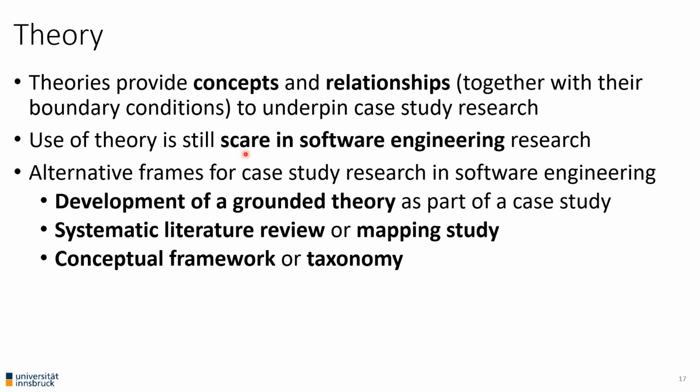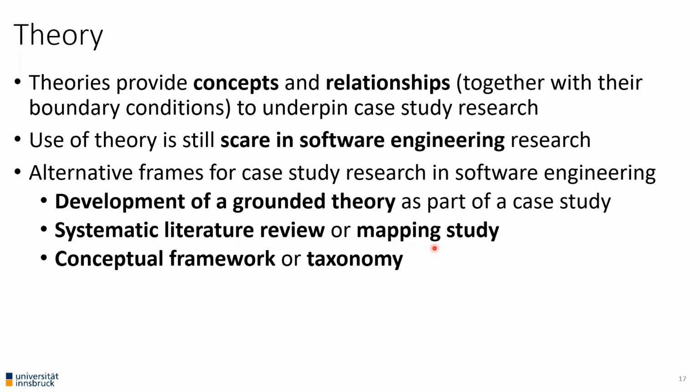But Runeson and his colleagues provided suggestions on how to deal with that situation. One way is to develop a grounded theory as a basis; it provides you with concepts. Another is to do a systematic literature review or a mapping study, because that also condenses concepts.